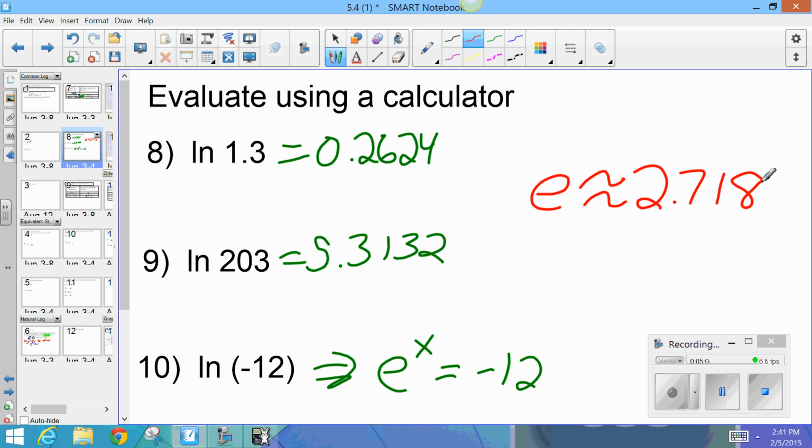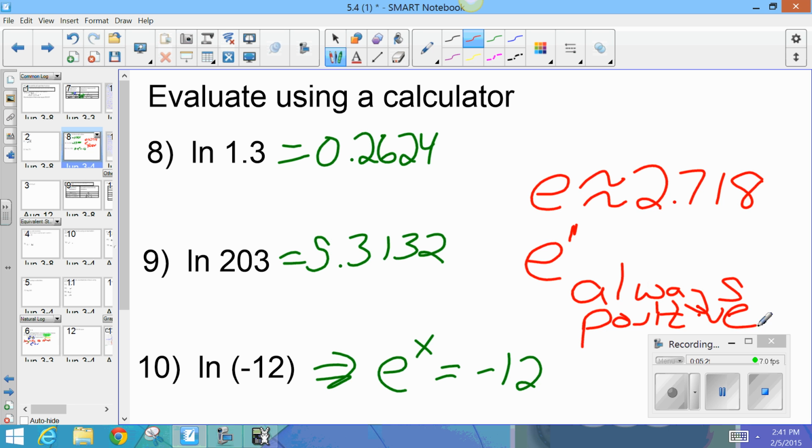That's the approximate value of e. So now here I've got a positive number. If I raise e to the power of 1, I've got a positive number. If I raise it to the power of 2, that e times itself is still positive. No matter what I raise e to, it's always positive. So you cannot take the natural log of a negative.